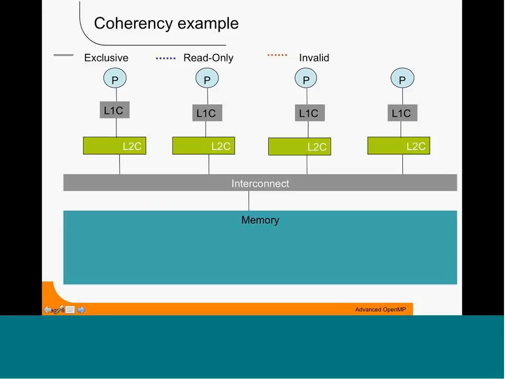So let's go here. The first processor reads something from the memory. Now the second processor is reading. So the first one is read-only and it's correct. The second one is also read-only and it's the correct value. Now let's say processor 3 wants to write that value, right?